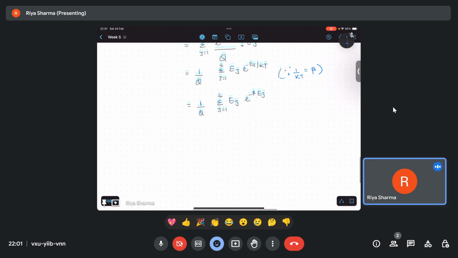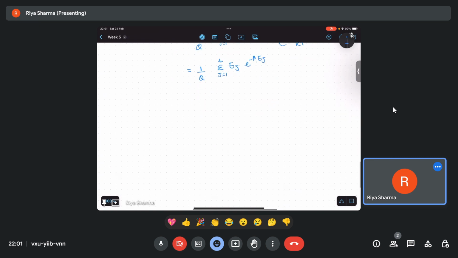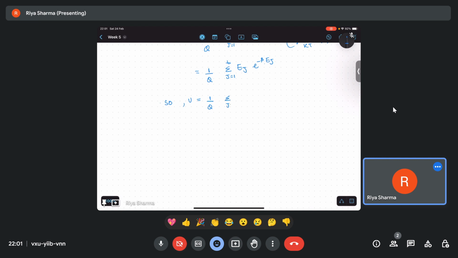Now the other thing is, U equals 1 by Q, the summation from j equals 1 to t of Ej e raised to the power minus beta Ej.